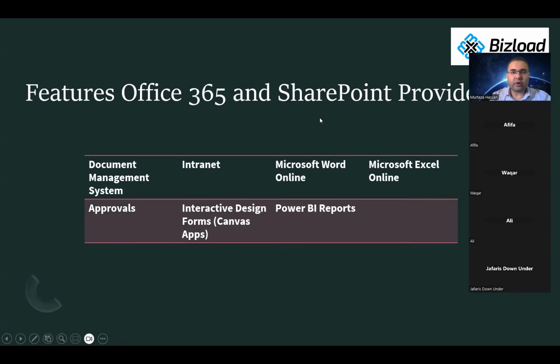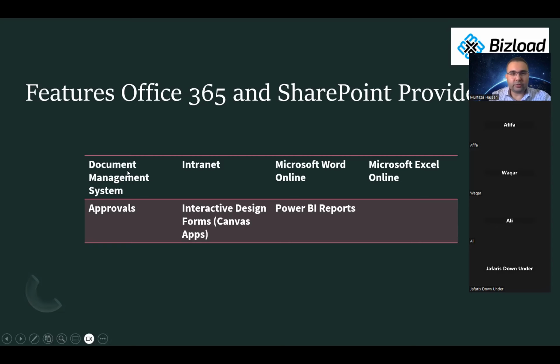Also Office 365 and SharePoint. Some of you might have used this. A lot of people use Microsoft Word, Microsoft Excel, and SharePoint as well. SharePoint is an intranet site or a collaboration tool that all the staff members can interact with, and it's got a document management system and those types of things.